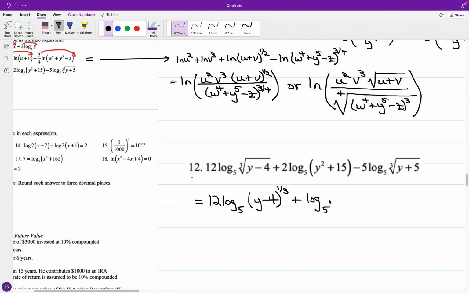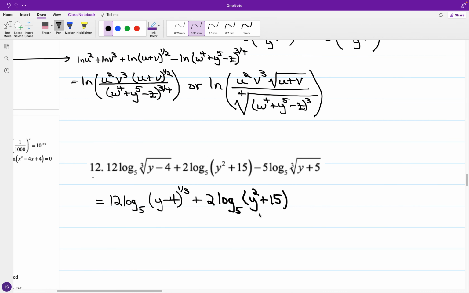So plus 2 times the base 5 logarithm of the quantity of y squared plus 15, and I have minus 5. Again, just rewriting the radical.